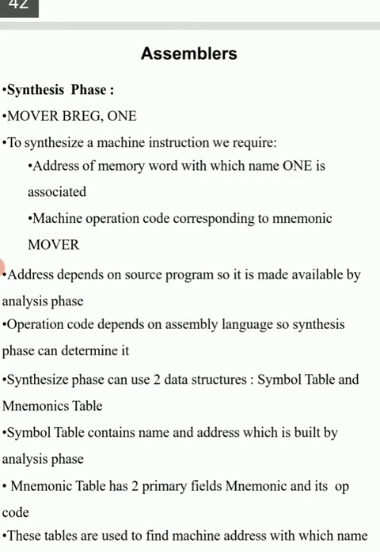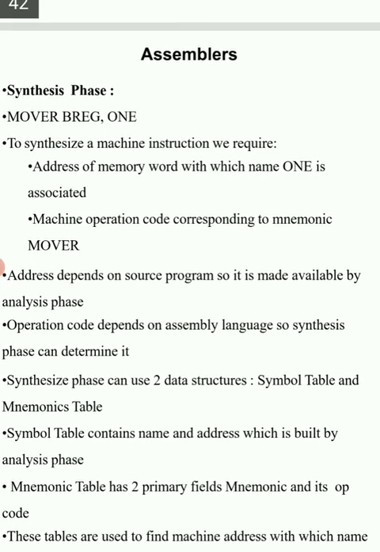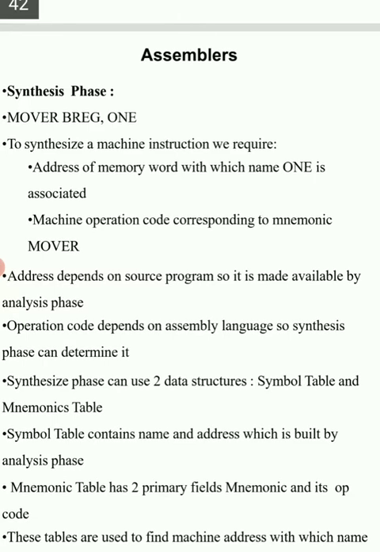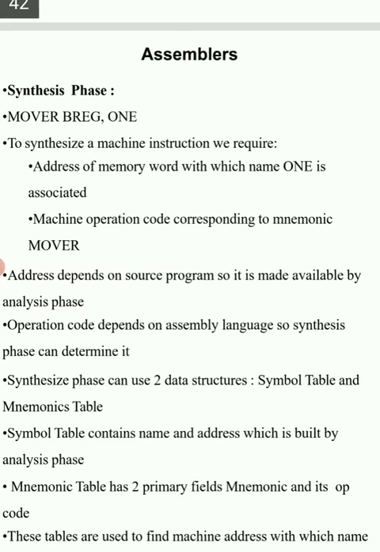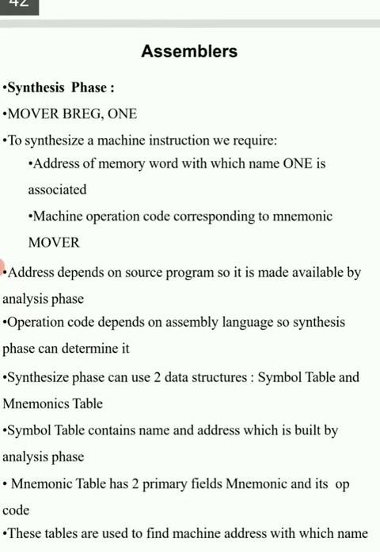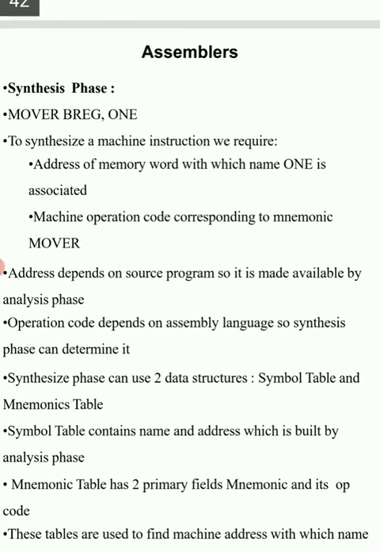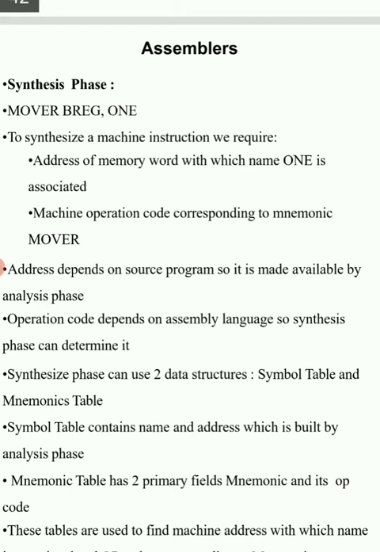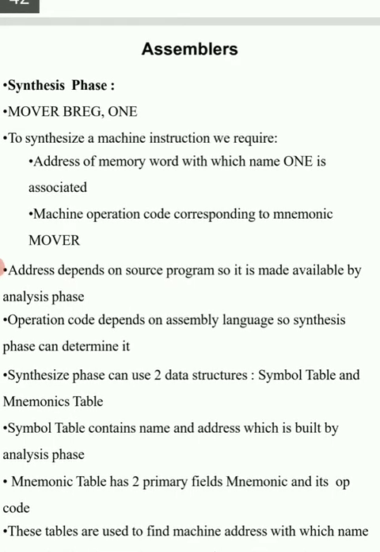If we take one example like MOVER BREG, ONE, ONE is the address of the memory word with which ONE is associated, and MOVER is the mnemonic opcode. The address depends on the source program, so it is made available by the analysis phase. The operation code depends on assembly language, so the synthesis phase can determine it.